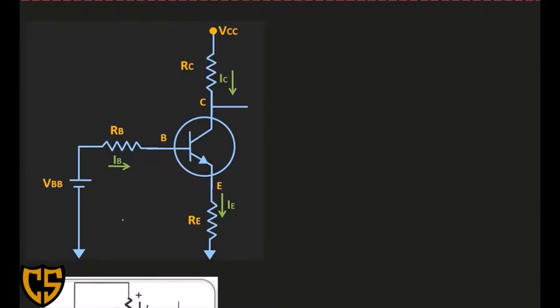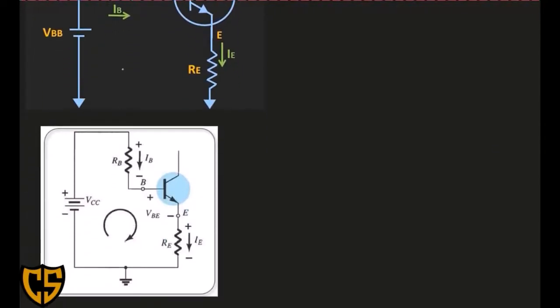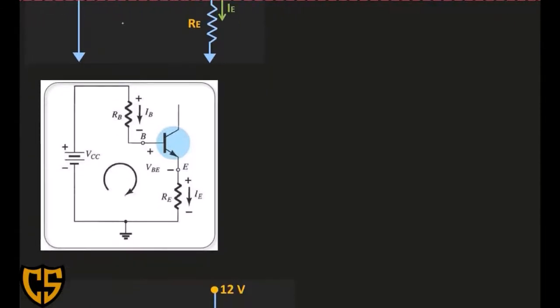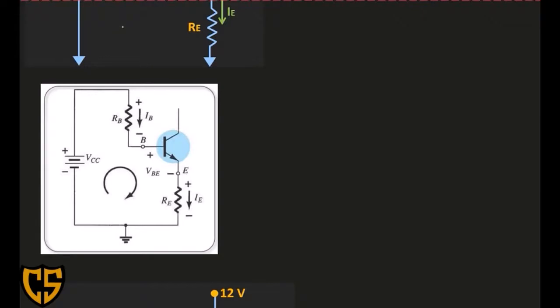Basing on the circuit in your module, so you have a reference when solving the circuit. Take note that whatever type of circuit or biasing we are discussing, the same process will be used. We are going to analyze and form the equation using KVL, or Kirchhoff's voltage law.